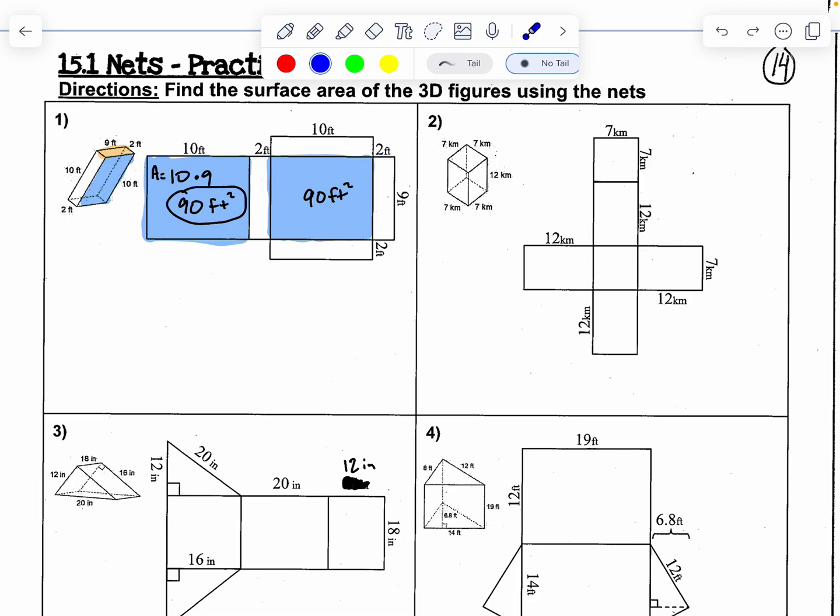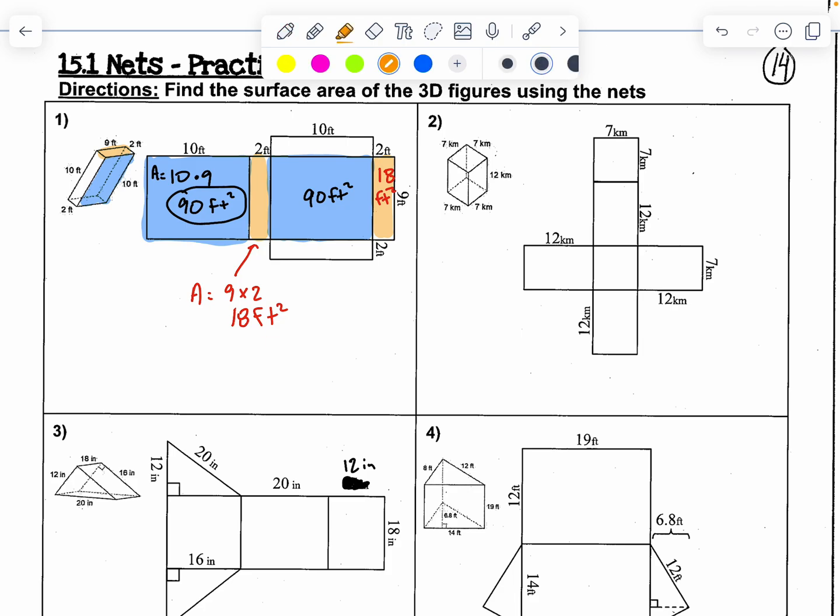This piece and probably that piece, 9 by 2. Again, not really necessary to color, but I think it works out nice. So this right here, area is base times height, which means it's going to be 9 times 2, which gets us 18 feet square. And this is also going to be 18.